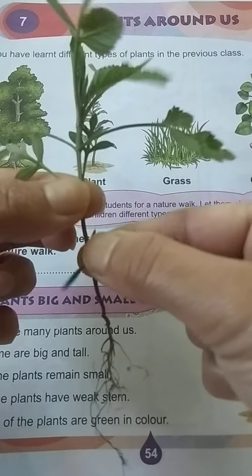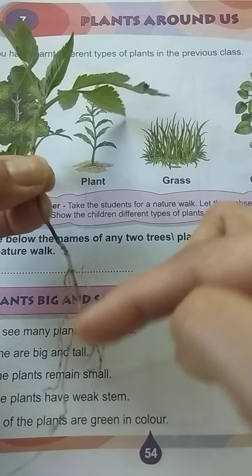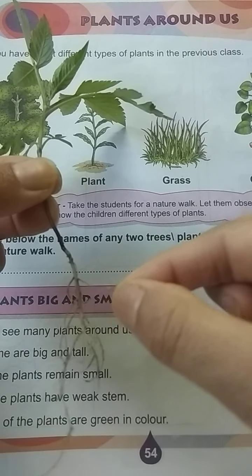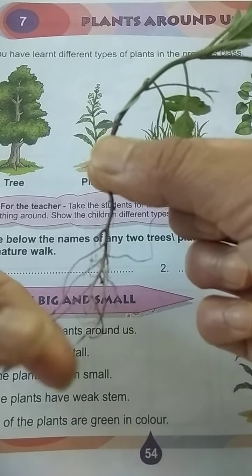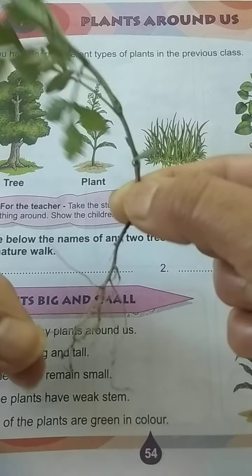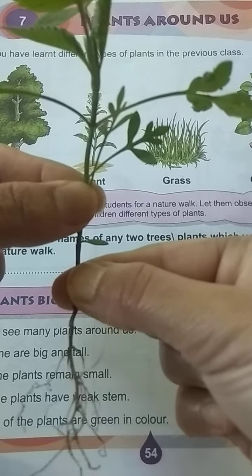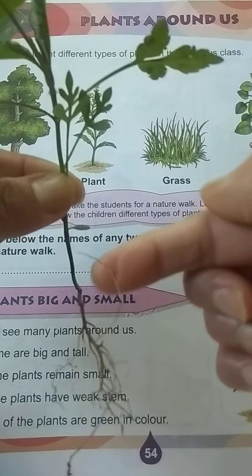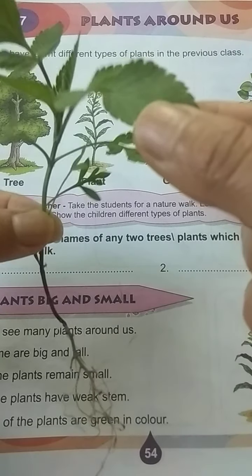And below the stem, we see a brownish color, hairy structure, we call it roots. This is a small plant which I have taken out from the ground. So how many features have we talked about of this plant?